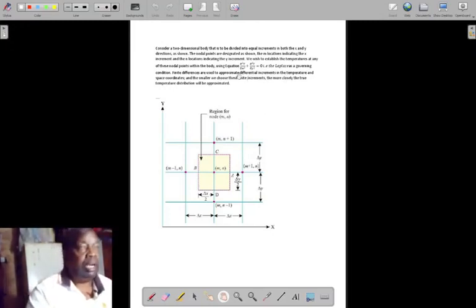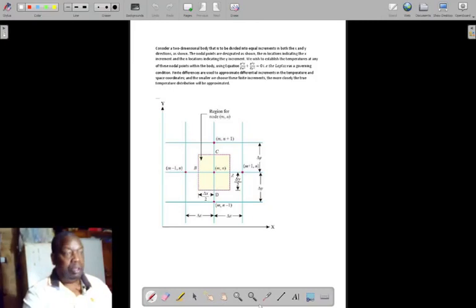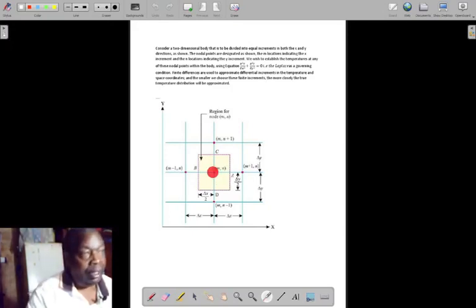Now we have a Laplace equation, a heat equation there, and we want to use this diagram for our analysis. So we have the major node that we are focusing on, that node there, and let us call that node m, n.